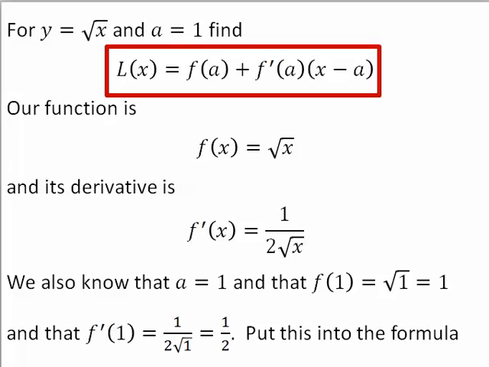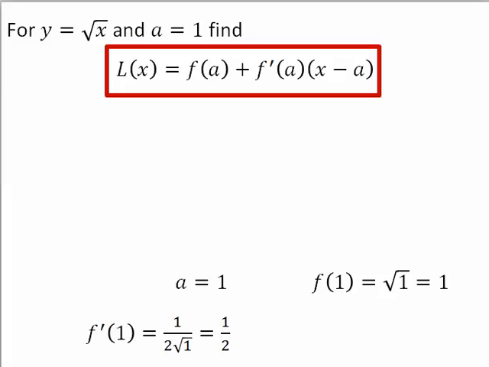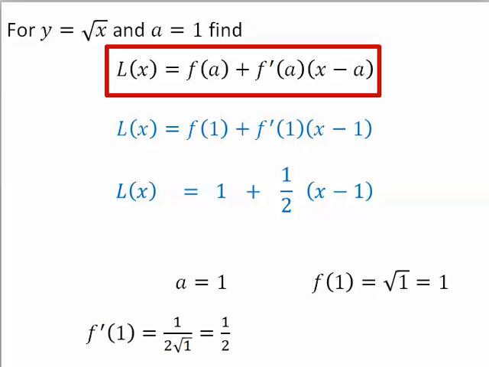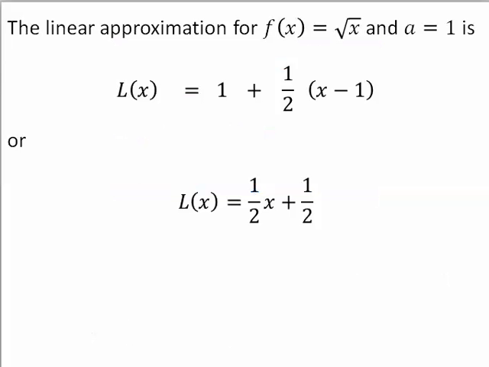Put all of this into our linear approximation formula. Those are the pieces. Put them all in. And we get our linear approximation is equal to 1 plus 1/2 times x minus 1, which you could rewrite to 1/2 x plus 1/2. But there's no need to.